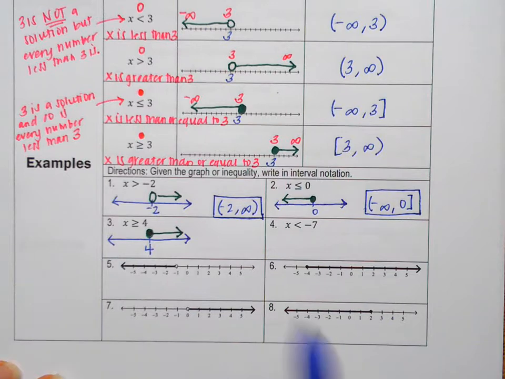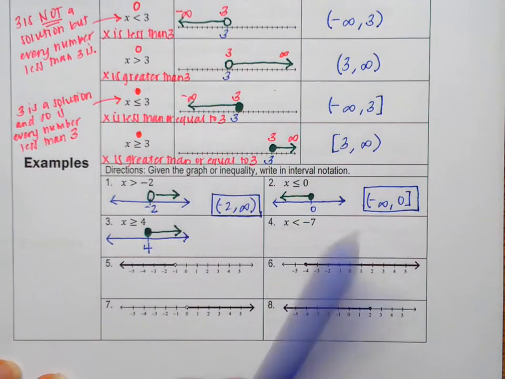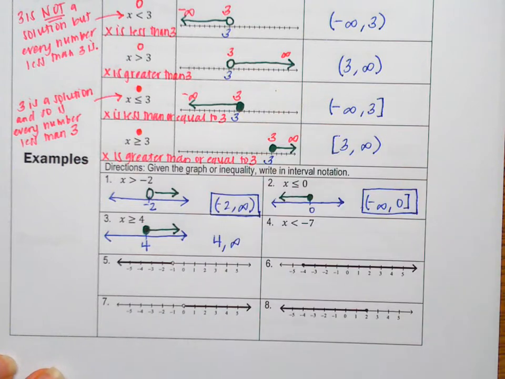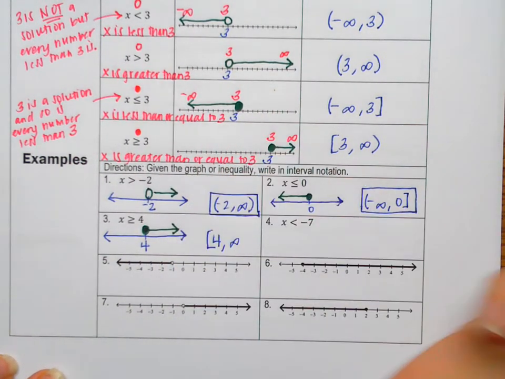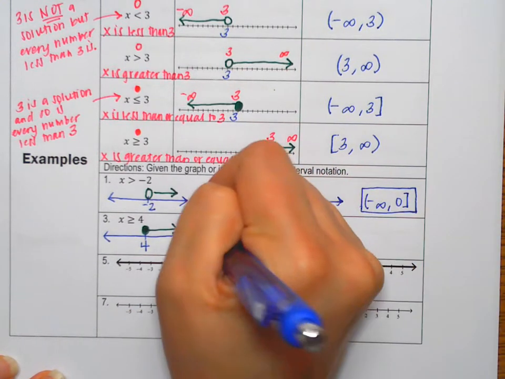So when I write that in interval notation, I'm looking at it from left to right. It starts at 4, and then it goes in the positive direction forever. So that's going to be 4 comma infinity. And then I look, 4 is a closed circle, so it's a bracket, and infinity is always a parentheses.